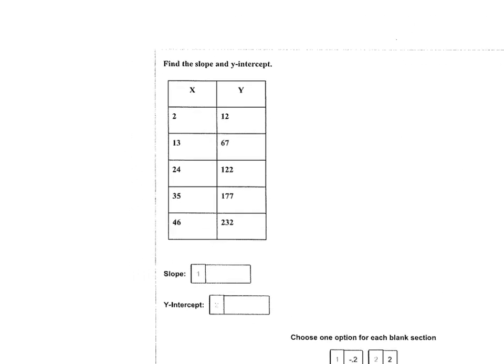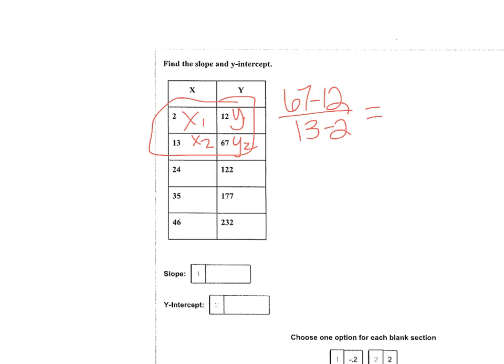Same thing here. We want to find the slope. I'm going to use these 2 points, x1, y1, x2, y2: 67 minus 12 over 13 minus 2. 67 minus 12 is 55. 13 minus 2 is 11.